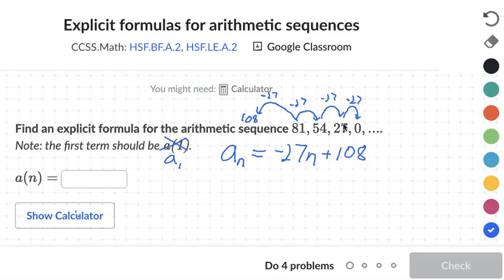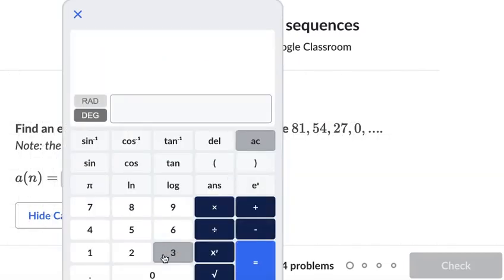When we plug in 3, we should get 27. So negative 27 times 3 plus 108. Yeah, and we get our third term. So I plugged in the number 3 into our formula, and we got our third term. It looks like it's working.